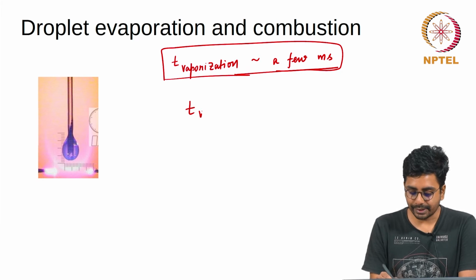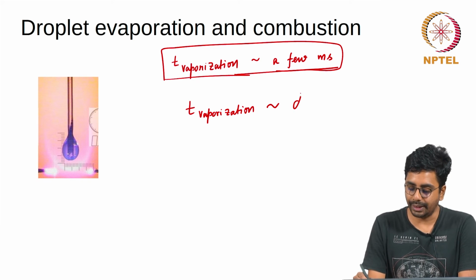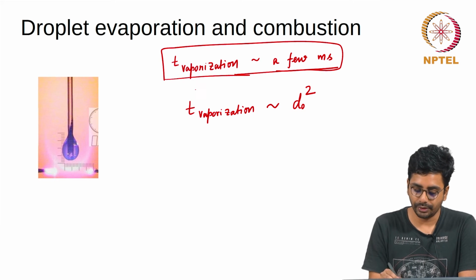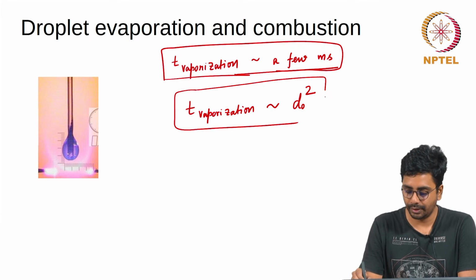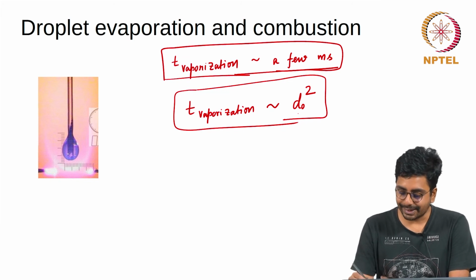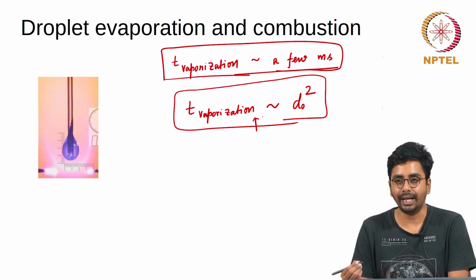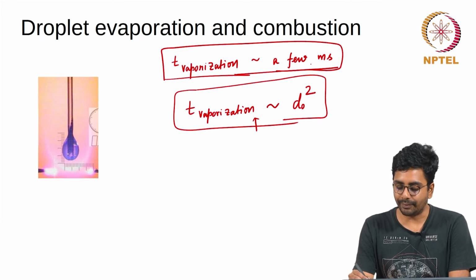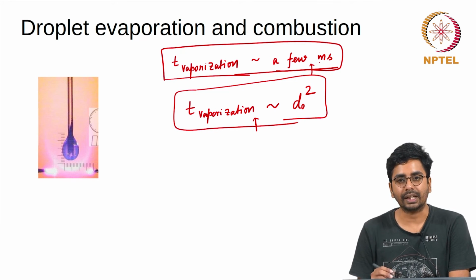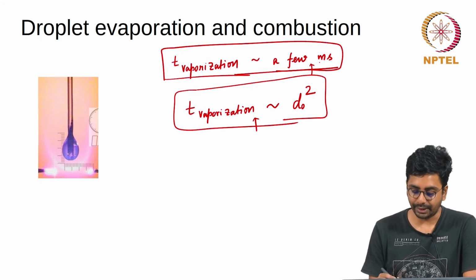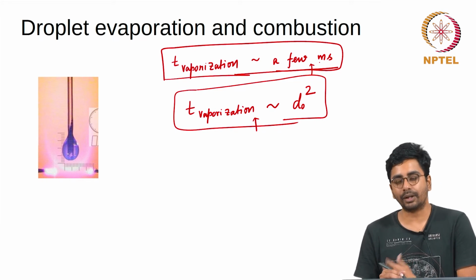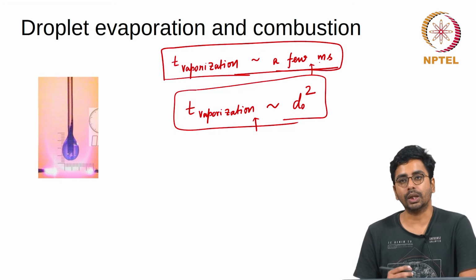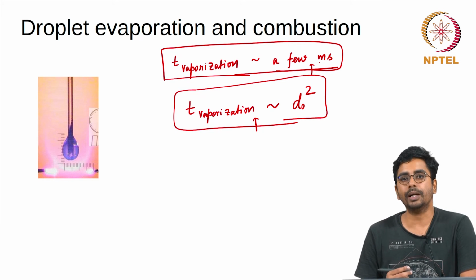Key idea: the time for vaporization is proportional to the diameter of the droplet squared. Using this simple idea, with the fact that the time available for vaporization is only a few milliseconds, you can arrive at the conclusion that the mean droplet sizes allowable in propulsion systems cannot be much bigger than 50 microns.